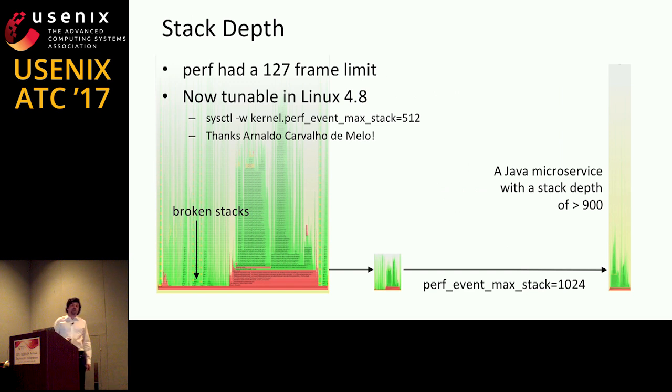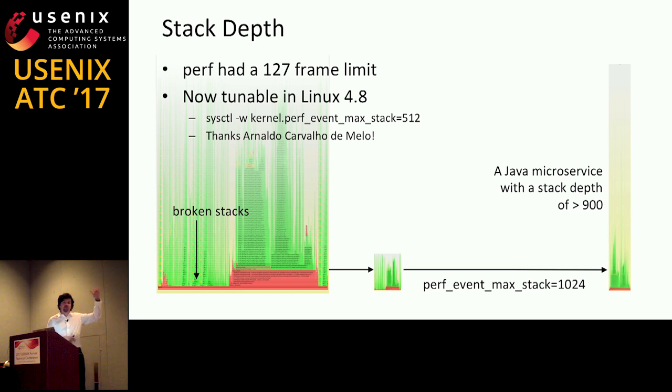Stack depth has been another challenge of profiling, and we found that Groovy in Java would build these very deep stacks that broke Linux's 127 frame limit for perf. And Arnaldo fixed that in Linux 4.8, which is great. So we can now tune the stack depth to whatever we want, 1024.